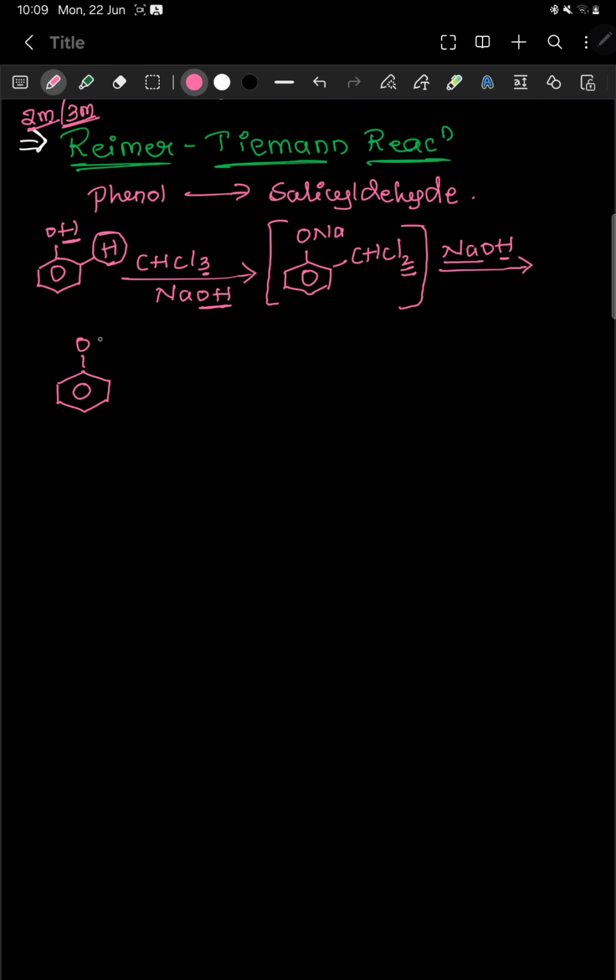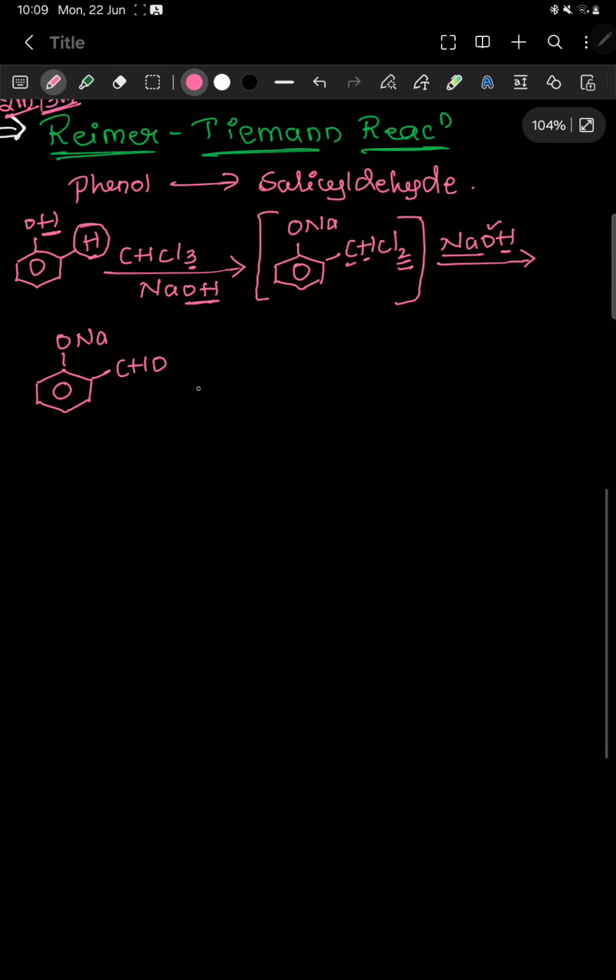Benzene on the top ONa. Here now what is left is CH and here oxygen. So all together we'll add here and write CH. At the last what I will do, I will replace it by H plus. This H plus straight away replaces Na.